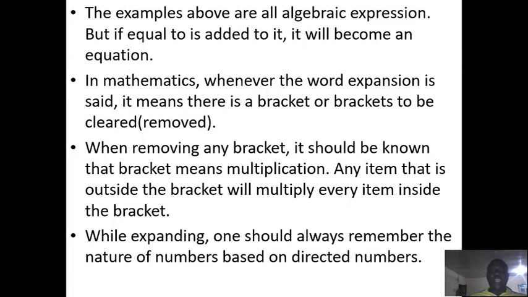The rule is that any item that is outside the bracket must multiply every item inside the bracket. I said for you to remove bracket in algebraic expression, the item outside the bracket will be used to multiply every item inside the bracket. So in the course of doing this, we have to recall our knowledge in directed numbers.